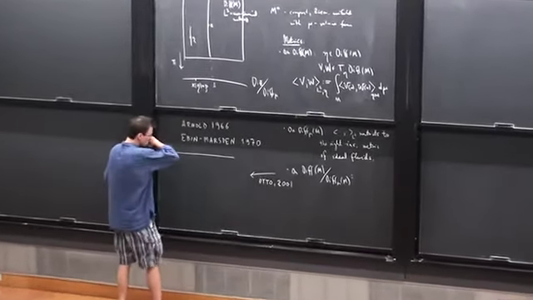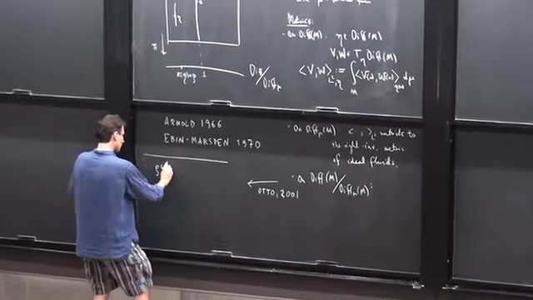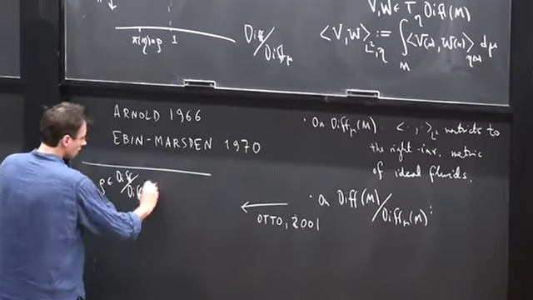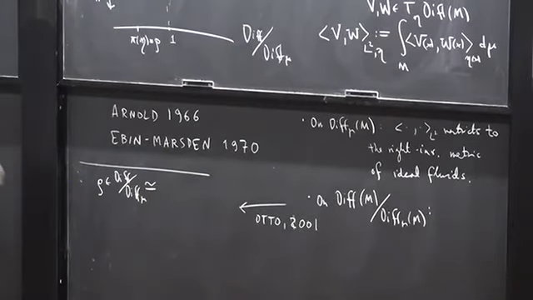So let's first take a rho, a point in the base, which we will think of as densities.